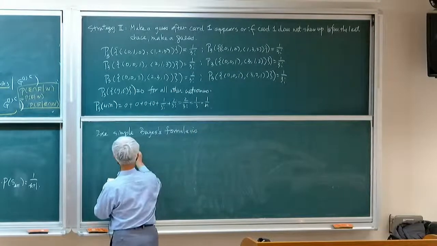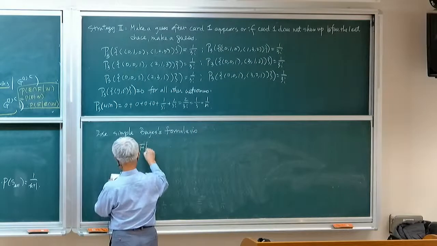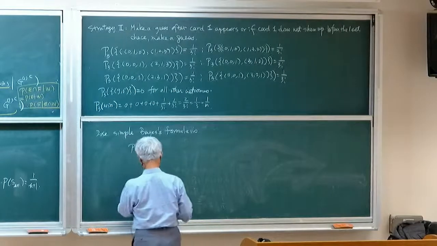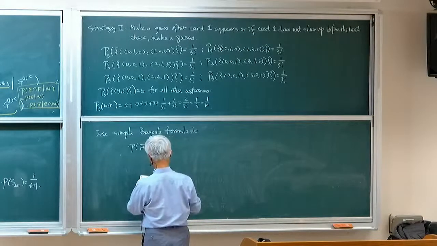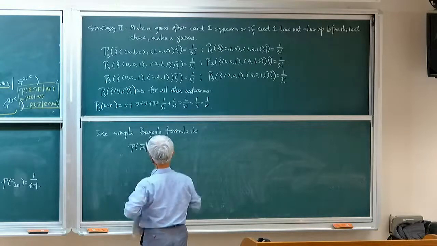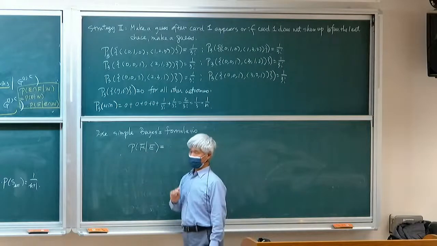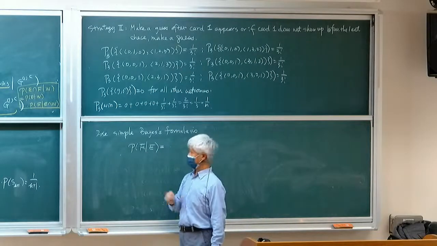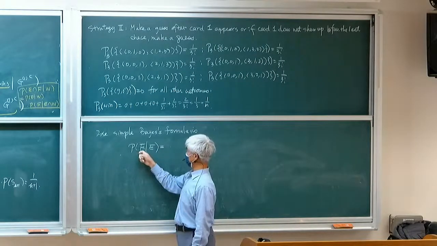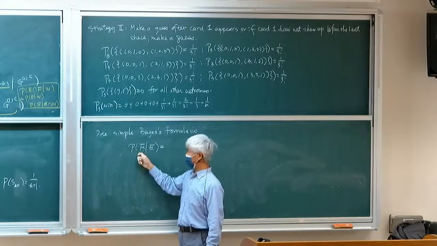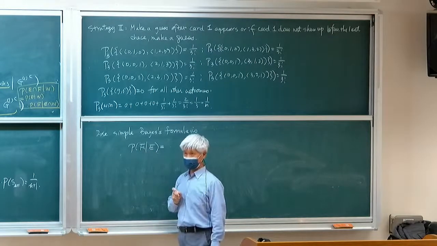Suppose we want to find this conditional probability. This is the conditional probability of event F given event E has occurred.